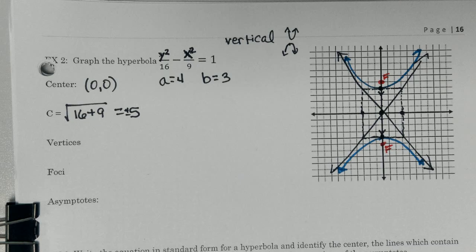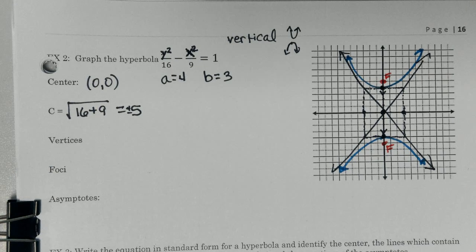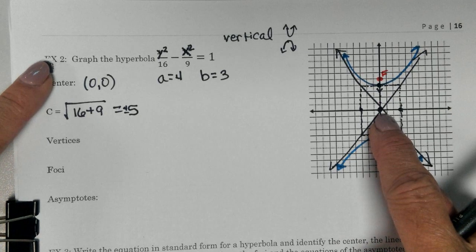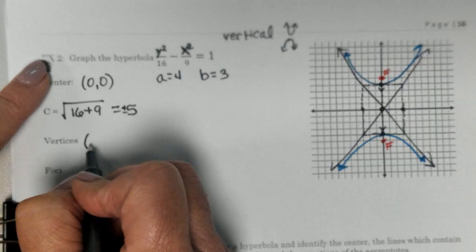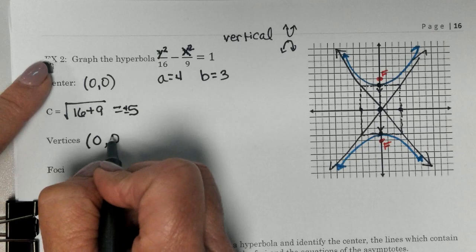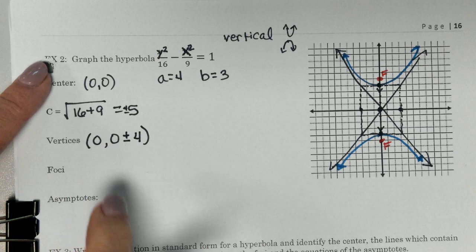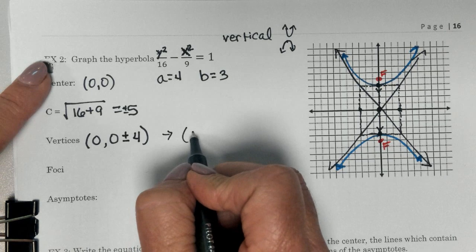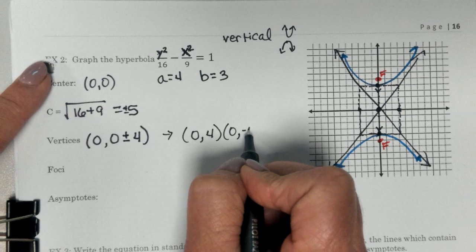Now, as far as writing down the location of everything, our vertices, we know that we counted up and down from our center. And since we went up and down, we added and subtracted 4 from the y-coordinate. So our vertices are located at 0, 4 and 0, negative 4.